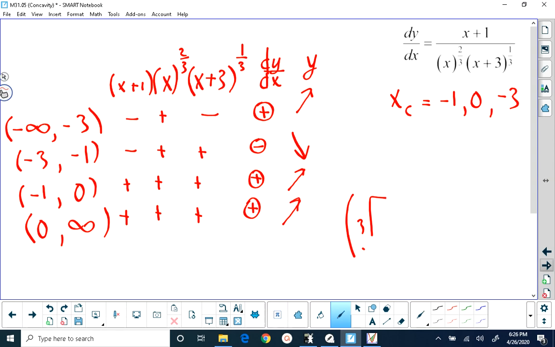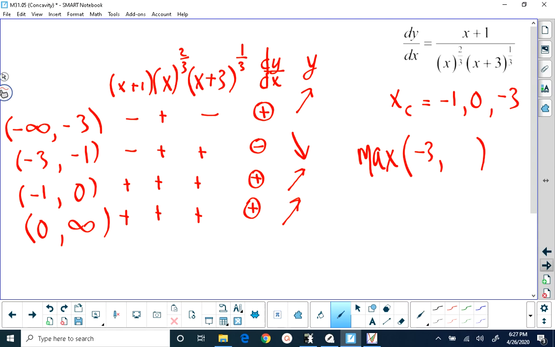What have we learned about the function? Well, if the function is increasing, then decreasing, there is a maximum where it changes from increasing to decreasing. So there is a maximum at -3 comma something, and I don't care about the y coordinates today.